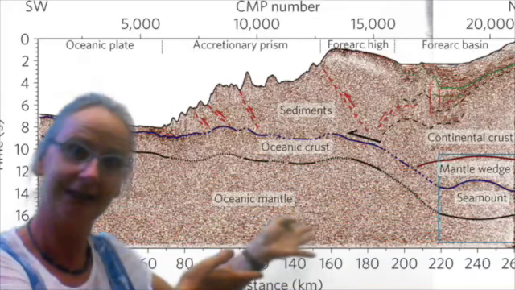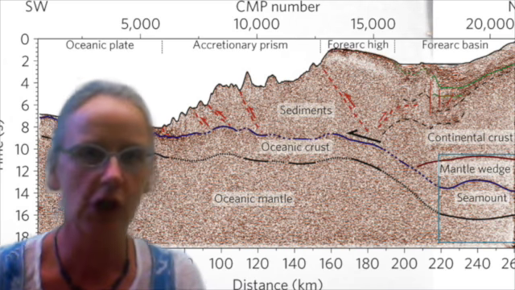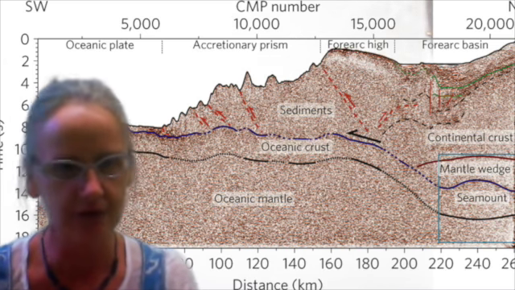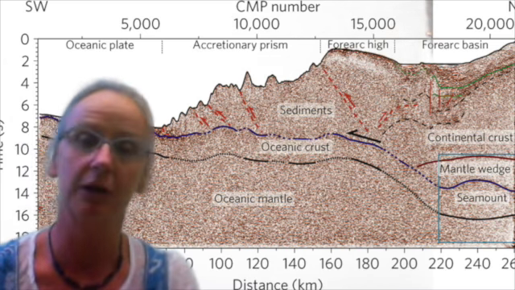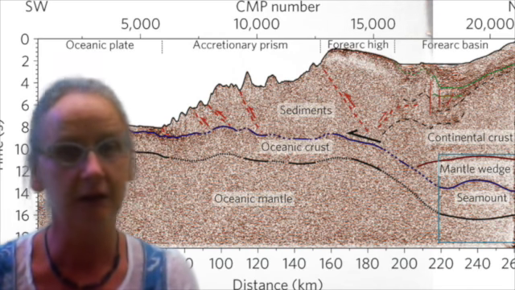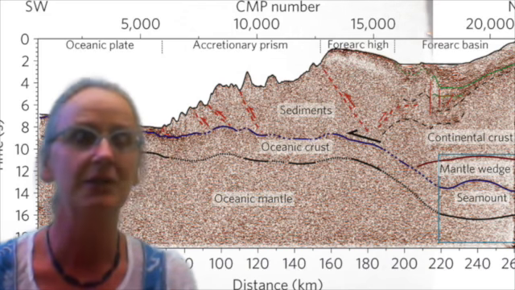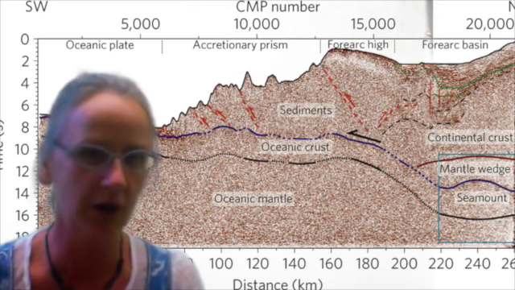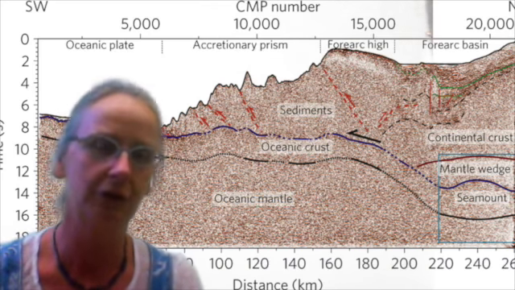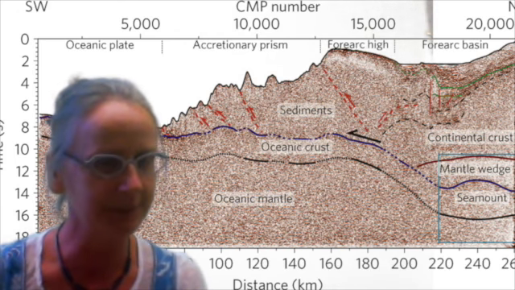And geophysics, seismic imaging of cross sections of subduction zones, such as this one here, they actually show us the different layers of rock, and we can differentiate between ocean crust, the mantle underneath the ocean crust, the sediments on top of the ocean crust, and we can see where they're being scraped off by the overriding tectonic plate.